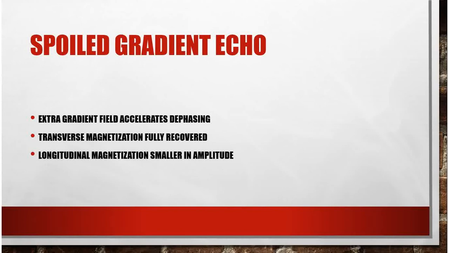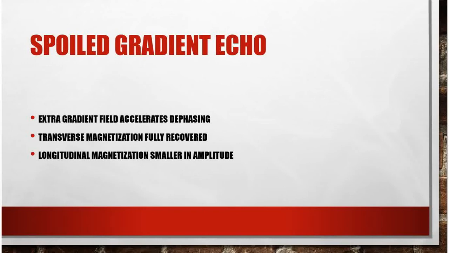Flash sequence is a gradient echo sequence, actually, and it is a spoiled gradient echo sequence. And what is spoiled gradient echo? Gradient fields increase the rate of spin-spin relaxation. In gradient echo, we use some particular sequence of gradients for imaging purposes. However, applying extra gradient fields accelerates the dephasing.